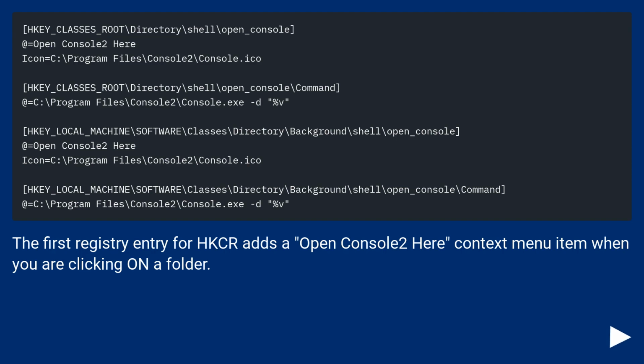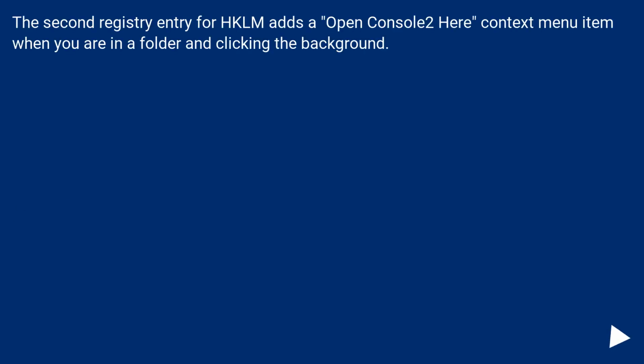The first registry entry for HKCR adds an Open Console2 here context menu item when you are clicking on a folder. The second registry entry for HKLM adds an Open Console2 here context menu item when you are in a folder and clicking the background.